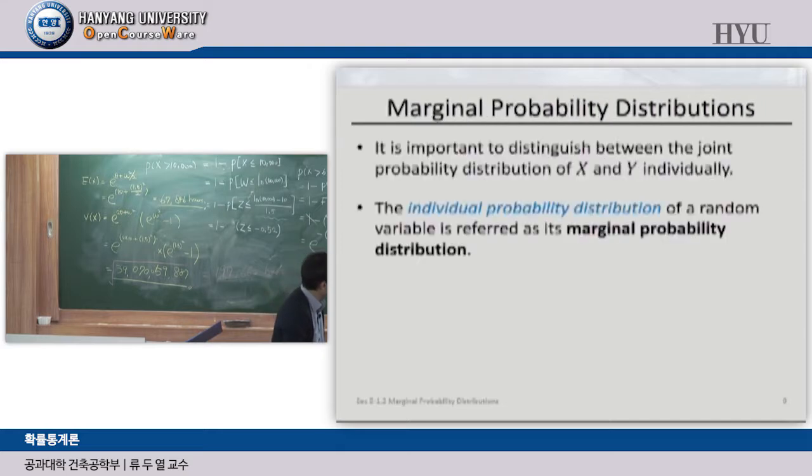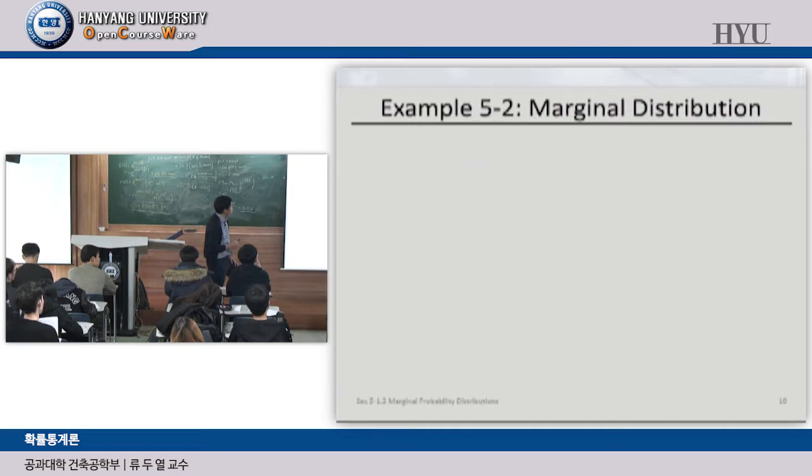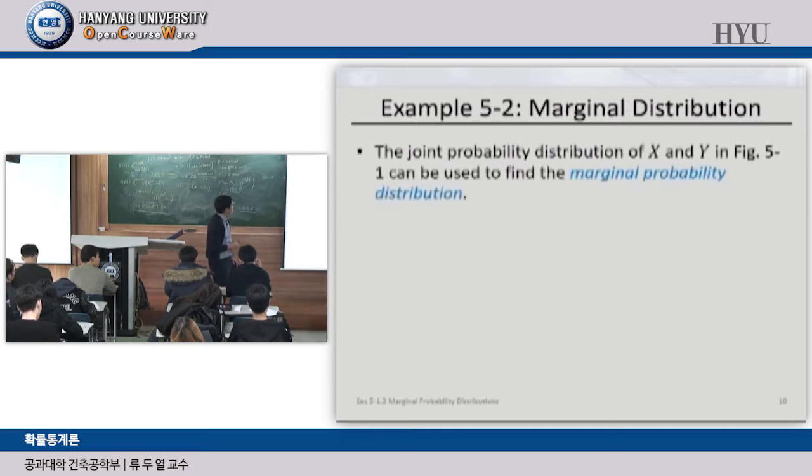And this can be understood more easily based on this example. The joint probability distribution of x and y in the previous figure 5-1 can be used to find the marginal distribution. For example, what is the probability of X equal to 3?